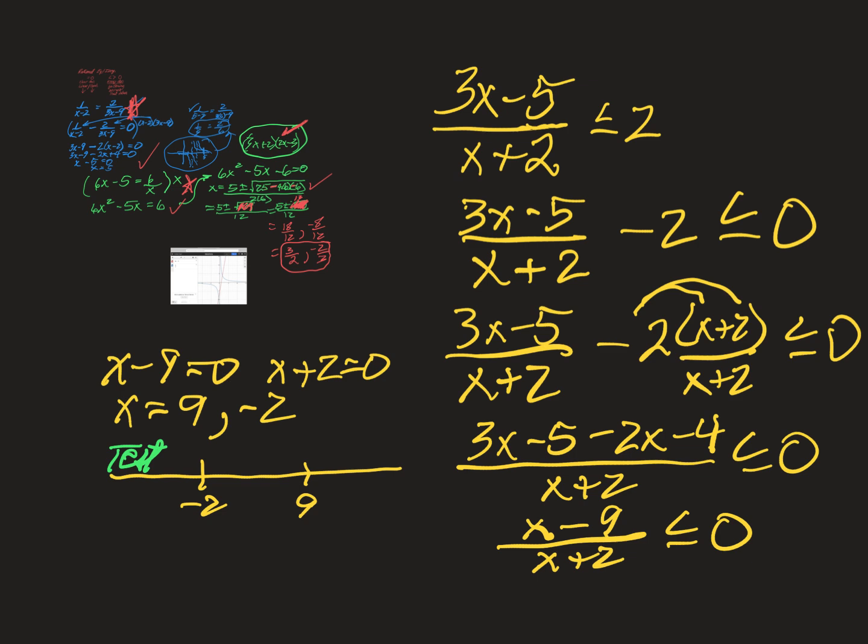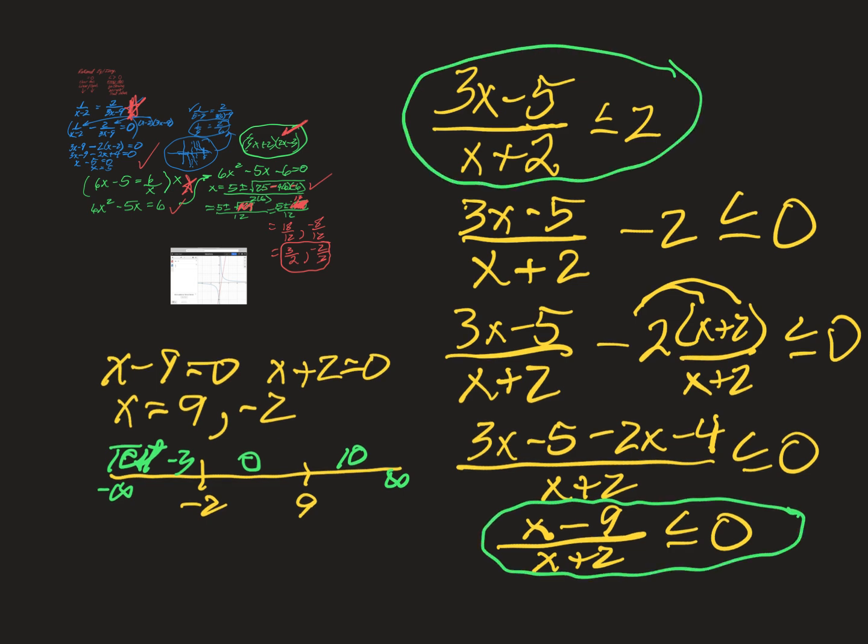From negative infinity to negative 2, I'll pick negative 3; between them I'll pick 0; and bigger than 9 to infinity, I'll pick 10. Then all I have to do is plug those numbers into this version, or the original, or any step in between as long as it's correct. I usually choose the factored version, but whichever one you choose is okay.